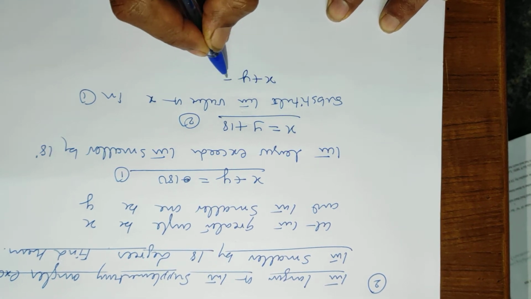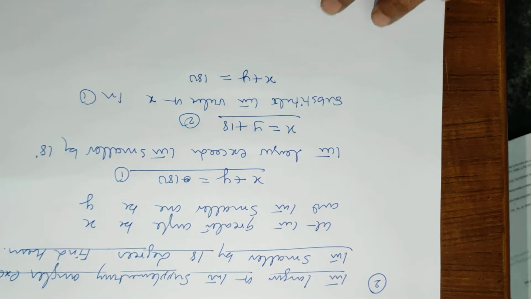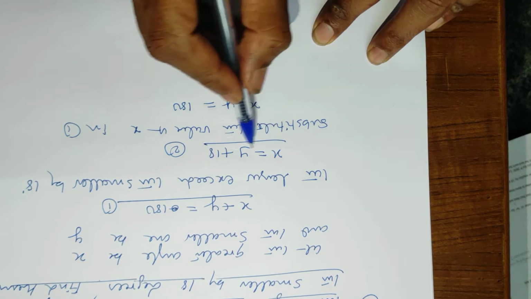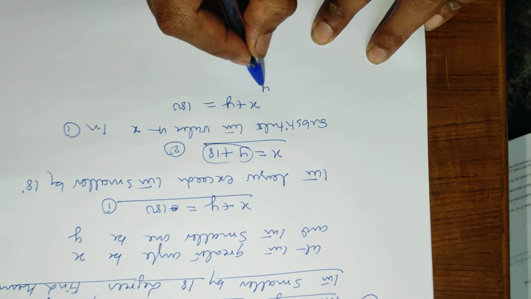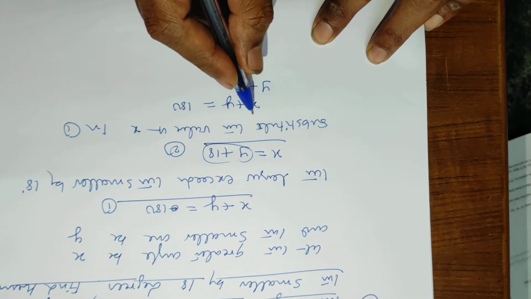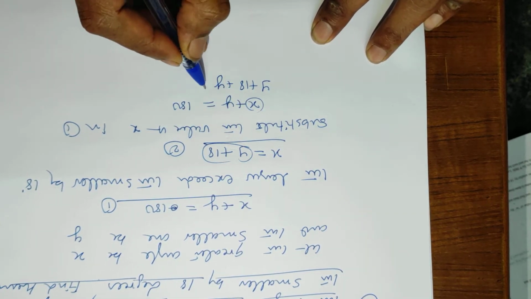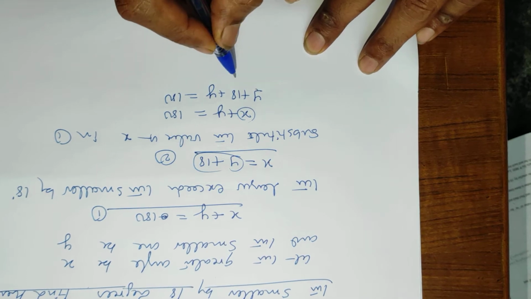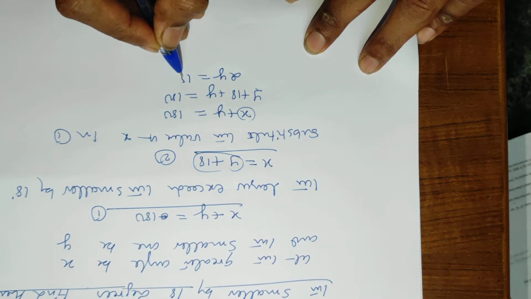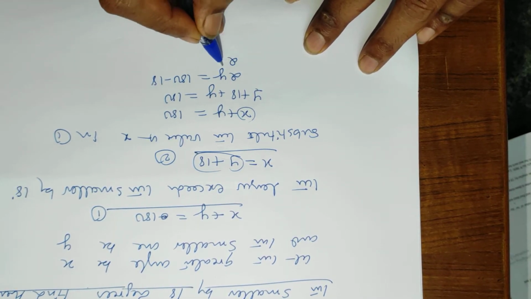So the first equation is X plus Y is equal to 180. In the place of X, how much do I have to write? Y plus 18. In the place of X, I have written Y plus 18, plus Y is equal to 180.